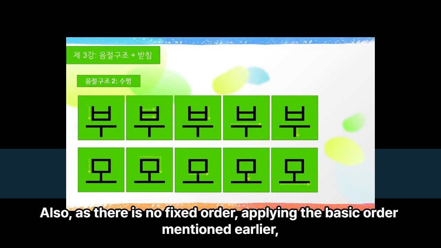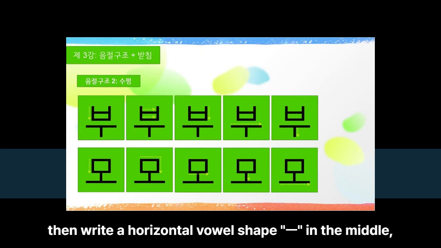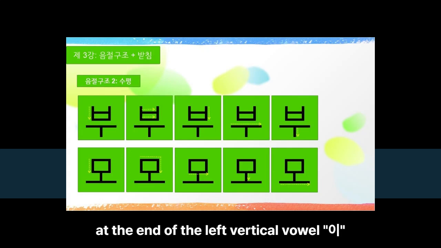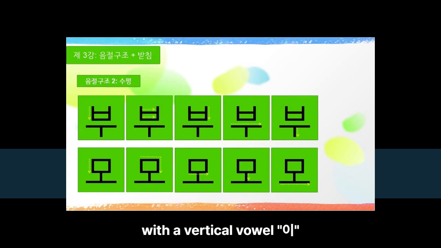Also, as there is no fixed order, applying the basic order mentioned earlier, write the vertical vowel, e, from the left, then write a horizontal vowel shape, u, in the middle, and connect it with a horizontal vowel shape, u, at the end of the left vertical vowel, e. Finally, connect these two horizontal vowels from the right with a vertical vowel, e.